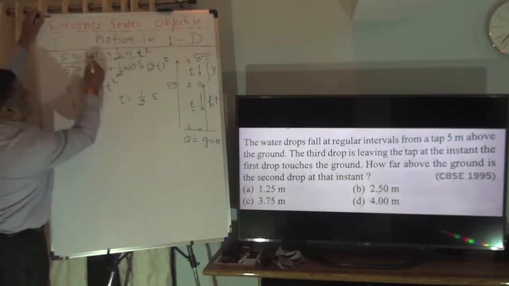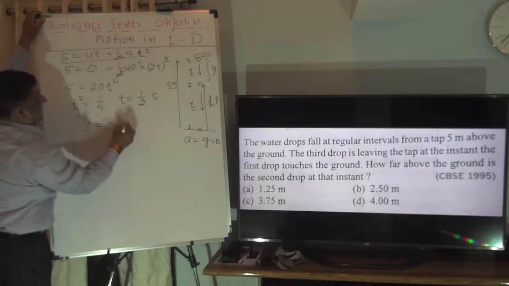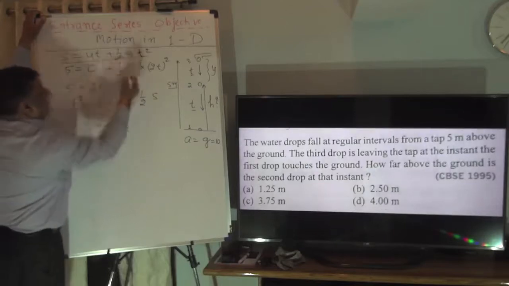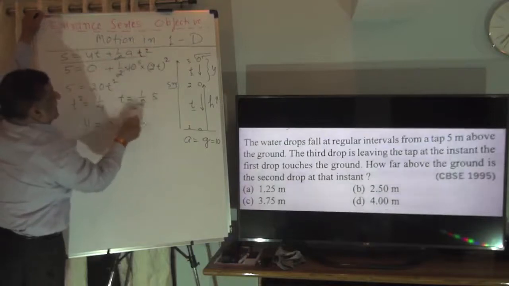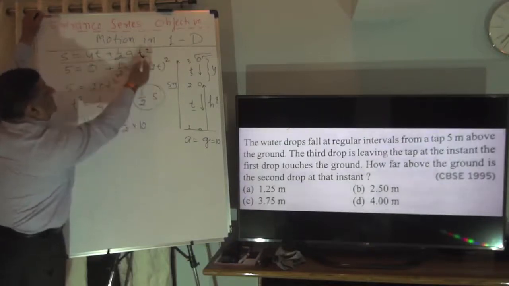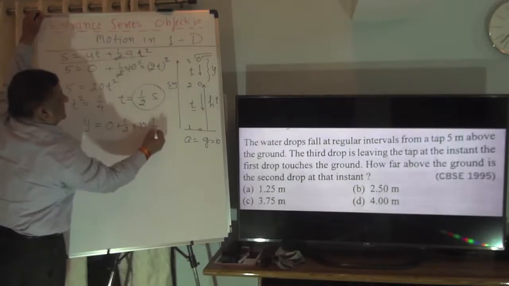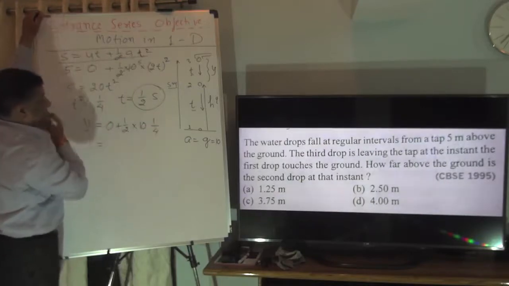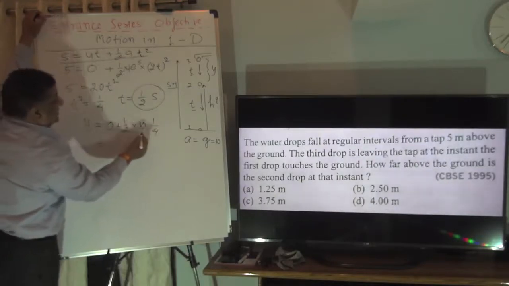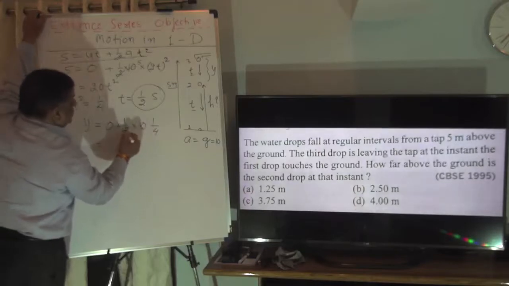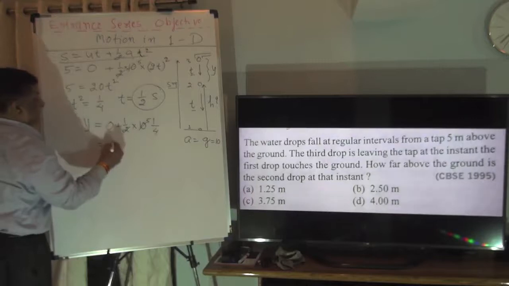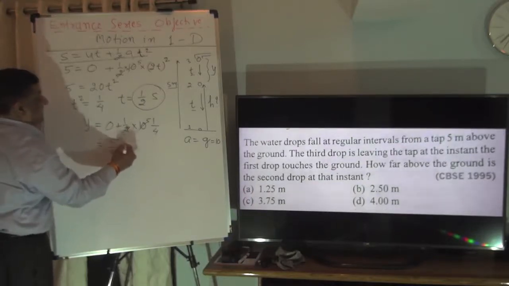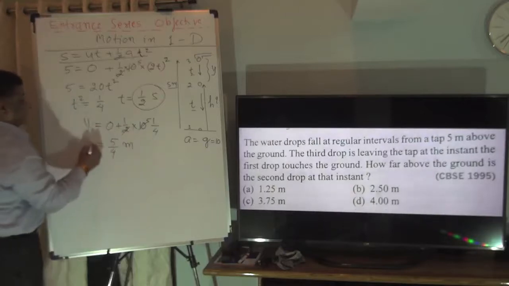y is equal to 0 plus half at square. a is equal to 10 and t square, where t is half second, so this is 1/4. So this is equal to 5 upon 4, and the unit is meter.